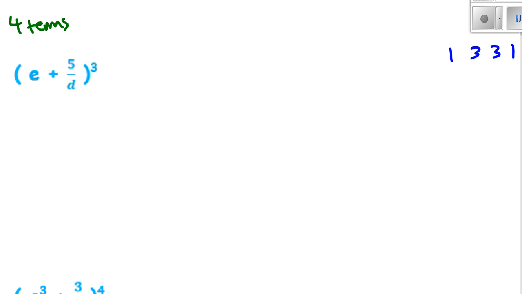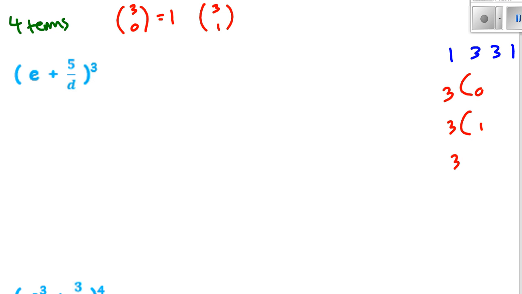If you had to write it out, you'd go 3C0, 3C1, 3C2, like that. If you want to write it like that instead, you can.